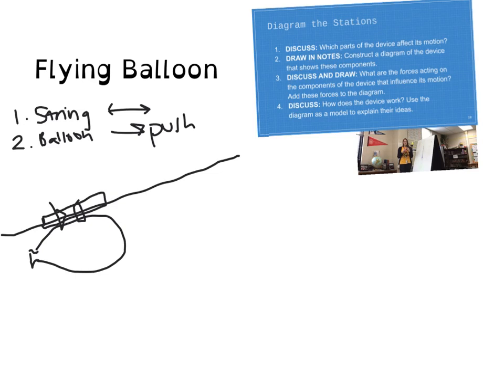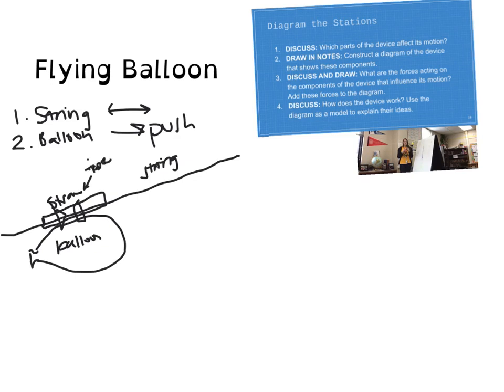A good diagram might also have the labels on it. So I might say string and balloon, straw, and tape. Again, I apologize.